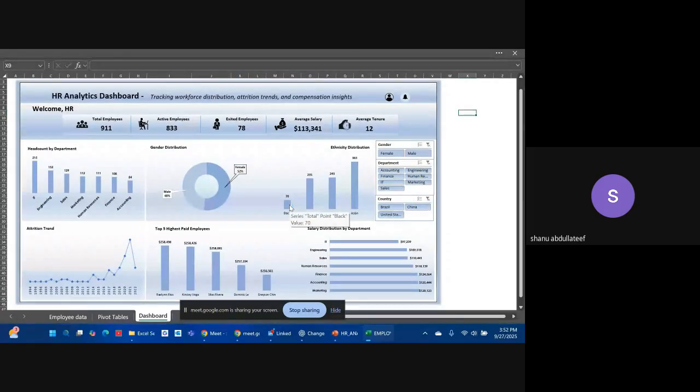We have a total of 70 Black employees. While looking at diversity, we feel that there's an opportunity to improve representation of Black employees, because it seems they are underrepresented in this company.